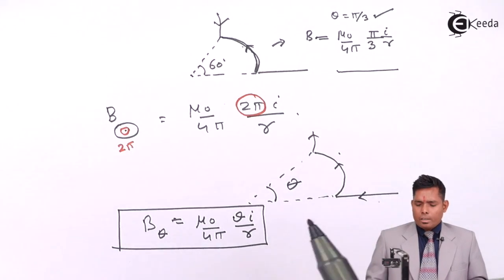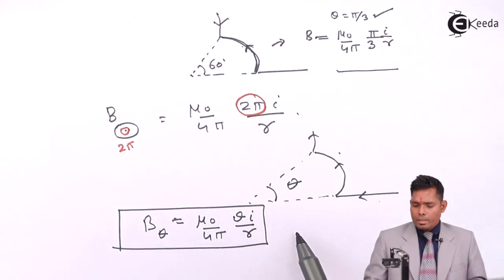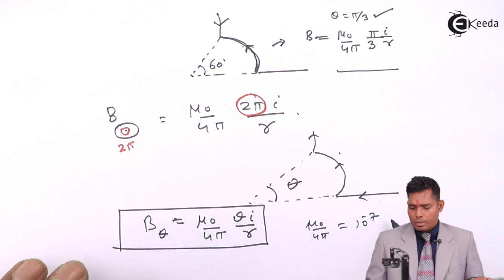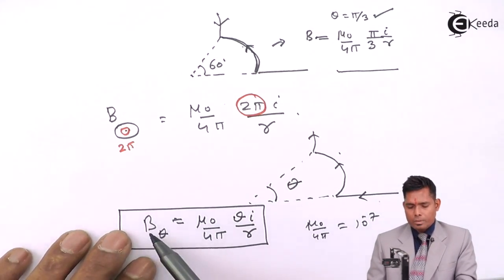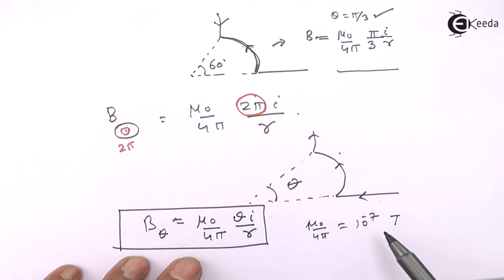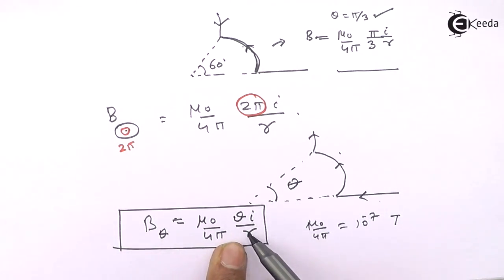We have already known that mu 0 upon 4 pi in numerical comes out to be 10 raised to minus 7. And the unit I have already told you is Tesla for magnetic field, and this is meter per ampere.